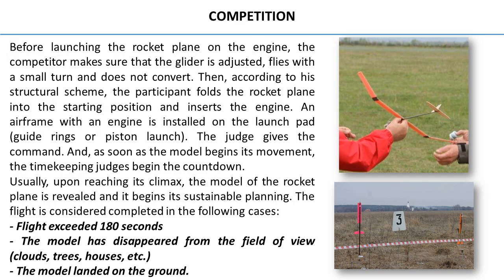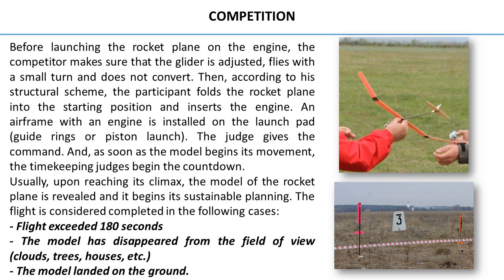How it works. Before launching the rocket plane on the engine, the competitor makes sure that the glider is adjusted, flies with a small turn and does not convert. Then, according to his structural scheme, the participant folds the rocket plane into the starting position and inserts the engine.